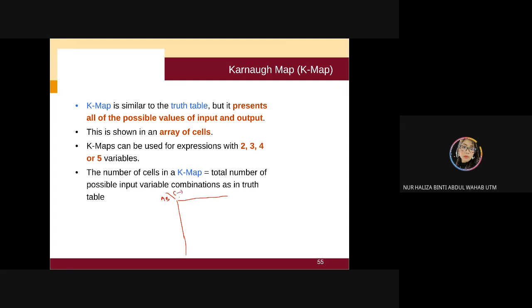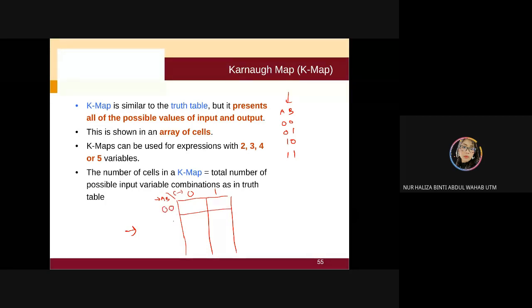For C, what are the possibilities? Only 0 and 1, isn't it? And the possibilities of A, B: 0, 0, 0, 1, 1, 0, and 1, 1, isn't it? So these are the possibilities you need to draw here. But please look carefully. For all the cells, you need to start with 0, 0. After that, you start with 0, 1.